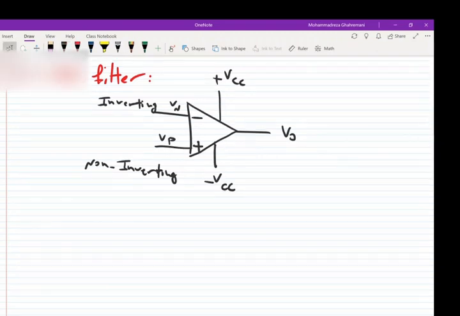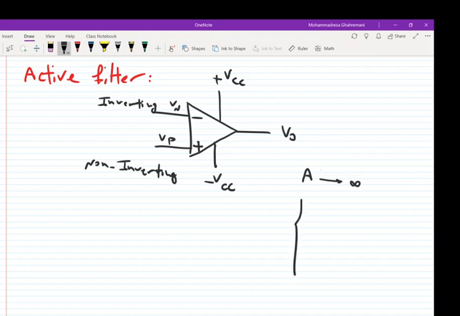And we know that the gain is a very large number, tending to infinity, in open op amp circuits with no feedback.